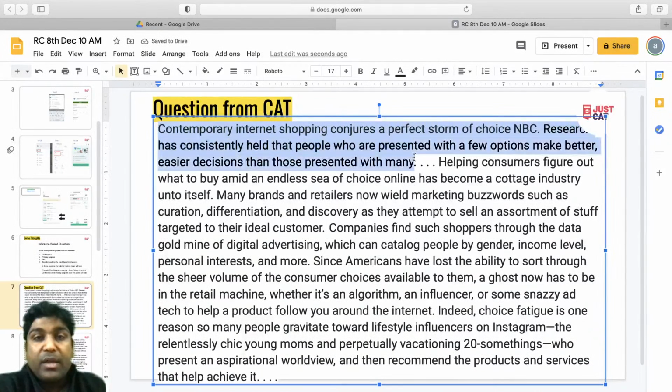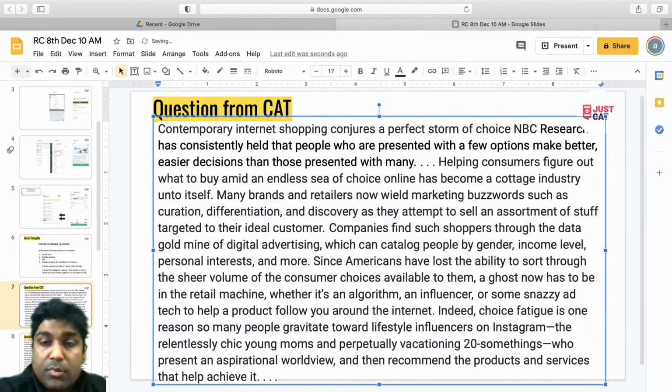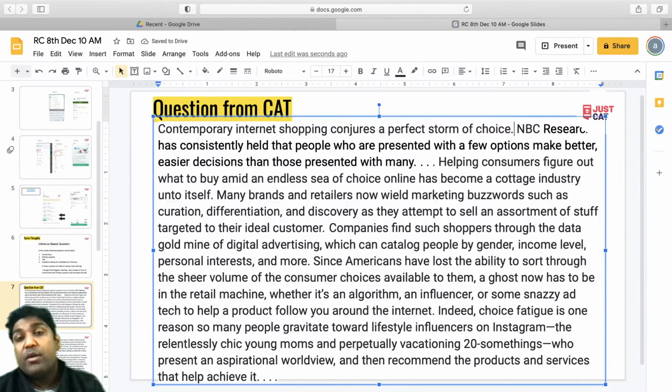Contemporary internet shopping conjures a perfect storm of choice. NBC research has consistently held that contemporary internet shopping conjures a perfect storm of choice. So they are saying that when people are shopping online these days, there's a problem of plenty, because you have many options.